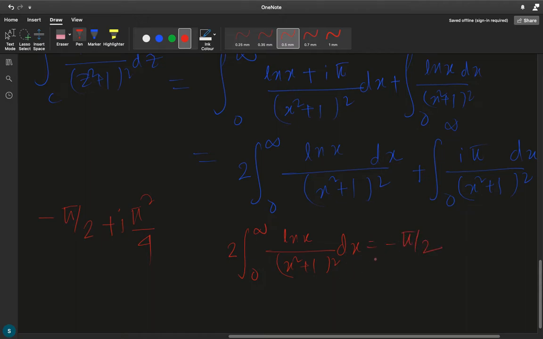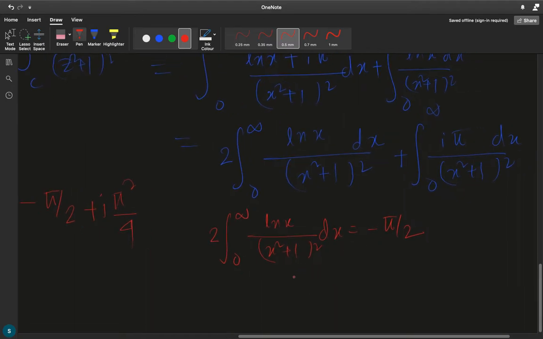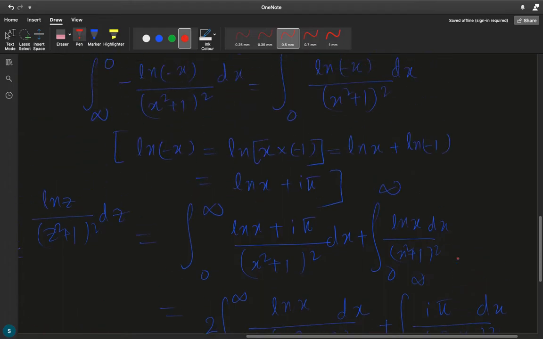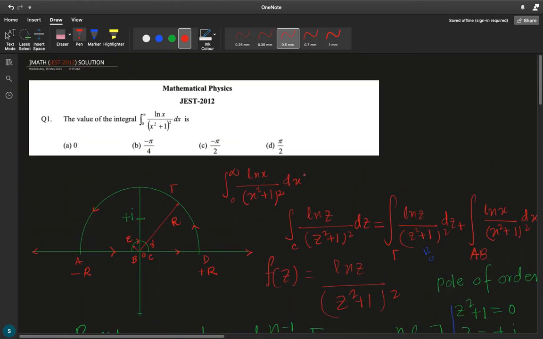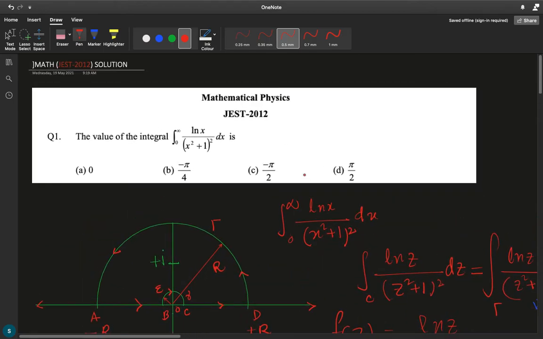We are separating the real part and imaginary part of the integration. So from this equation we get the value of the integral of ln x by (x square plus 1) dx is equal to minus pi by 4. Now we need to check whether we have found our answer. Minus pi by 4, let's see what is in the options. The answer is minus pi by 4, option B, that is the correct option.